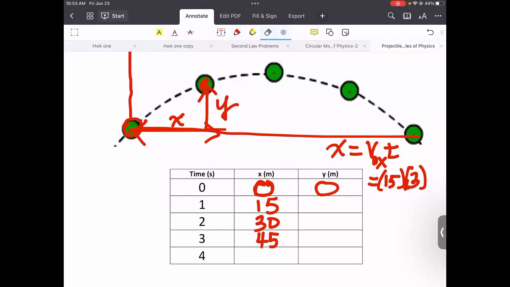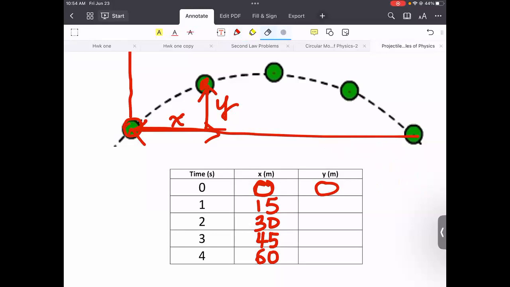Then I change the time to 4, 4 times 15 will be 60. So that's how the distances change. The formula is just to multiply the initial velocity times time.